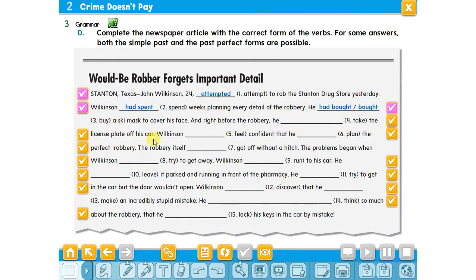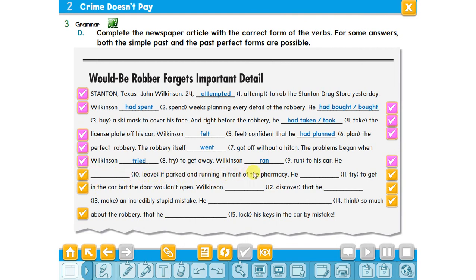هنا he took the license plate of the car. قول had taken أو took، برضو على الجهتين ممكن هنا. Wilkinson felt that he had planned... went. The problem began when Wilkinson tried. Wilkinson ran.